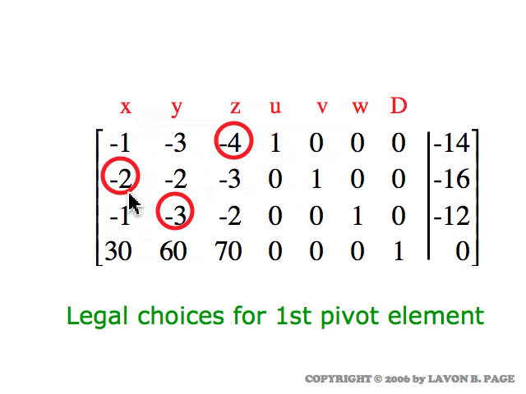So if we're in the first column, our pivot element has to be -2. If you check ratios in the second column, you would find that the pivot element would need to be -3. If we decided to work in the third column, we would find, checking those ratios, that our pivot element would have to be -4. So in any case, these would be our three choices for the first pivot element, depending on which column we decided to pick it from.